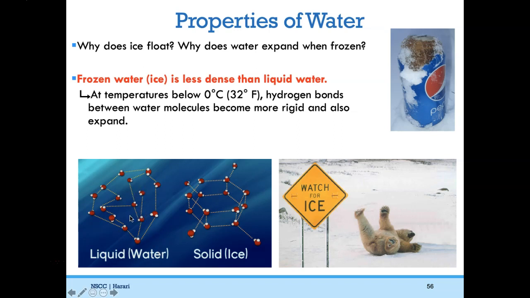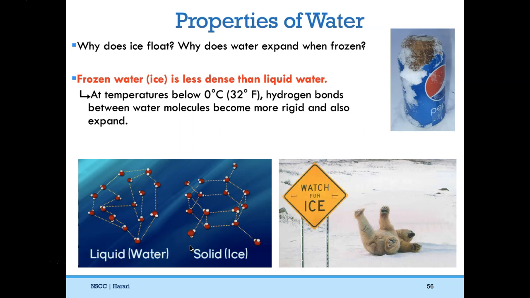So normally in liquid water, the hydrogen bonds are between much closer water molecules. And they're kind of always being made and being broken in liquid form. Once water is frozen as ice, the hydrogen bonds expand between the water molecules and they stay in place.